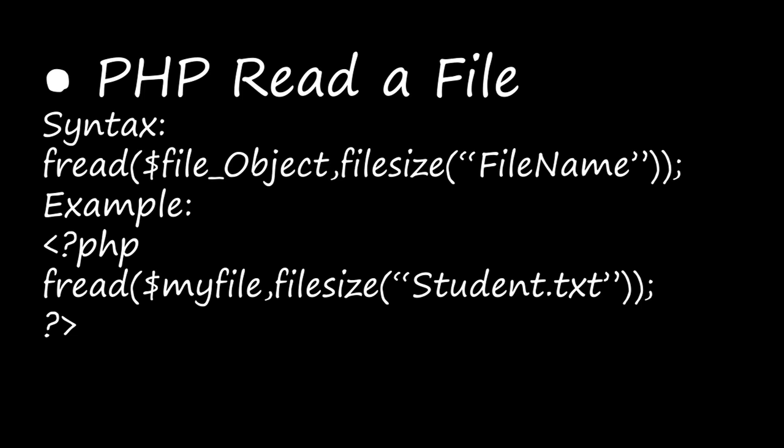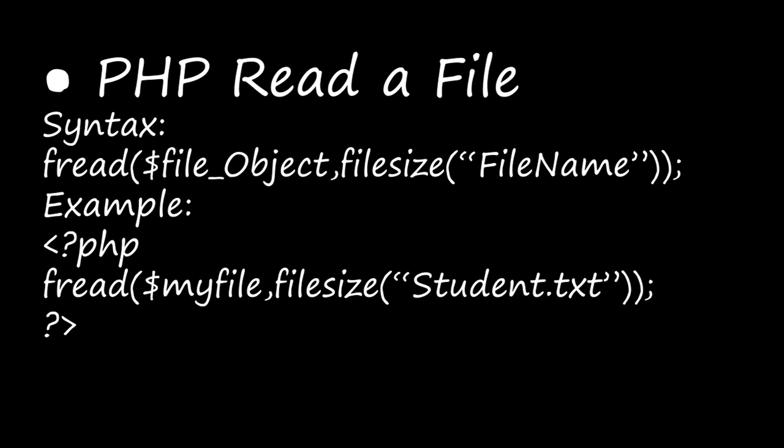Read a file means we will read the file which is opened, right? This file object comes from this fopen function only. See the syntax: fread, in the bracket $file object, then file size, in the bracket. You have to give the file name inside double quotes, close the whole bracket, and then semicolon, right?